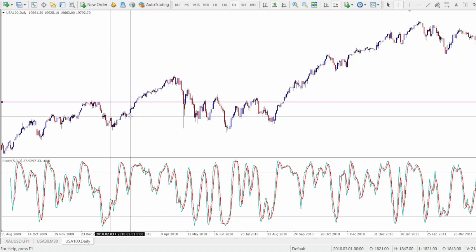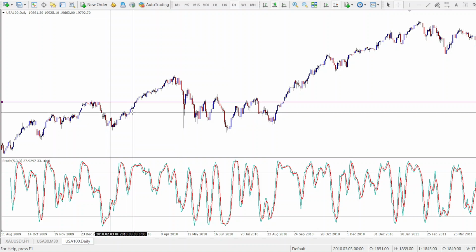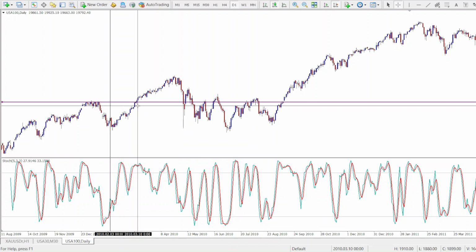If you had waited for one extra bullish candle after the doji, you would have reduced your profits, because if you had entered right after the doji, you would have ridden the bullish move up to whenever you exit.